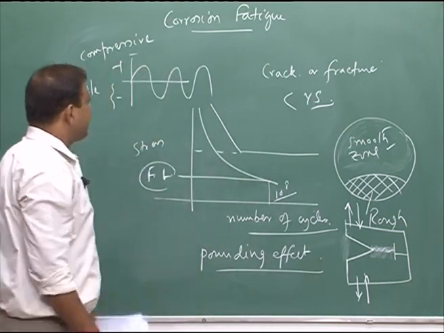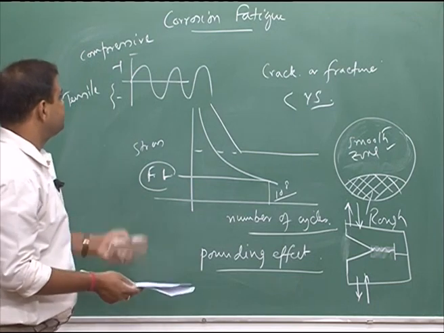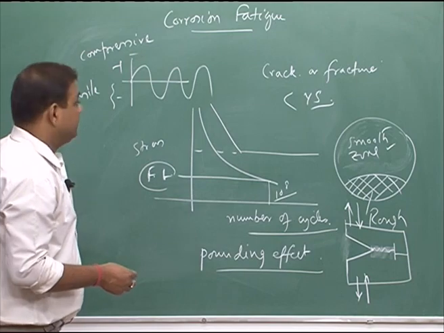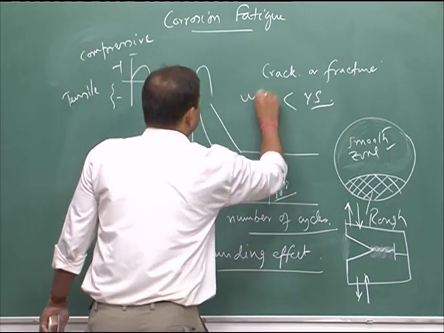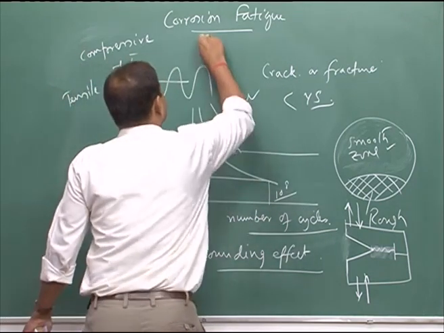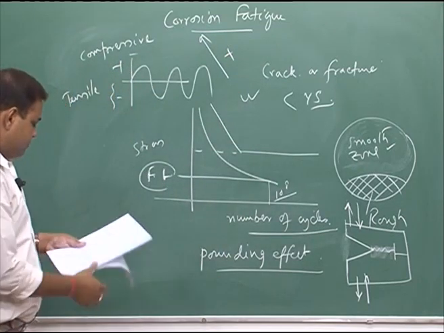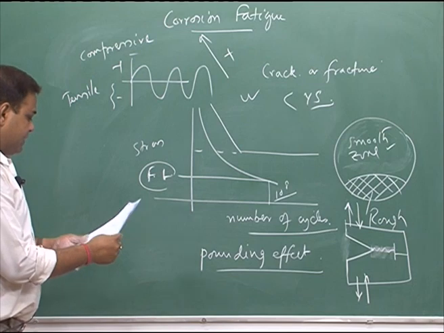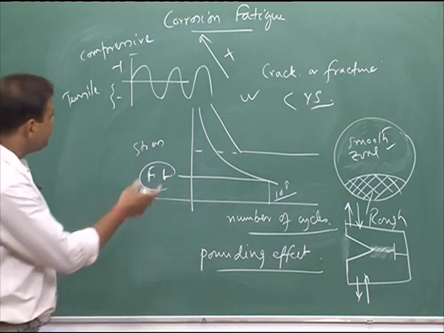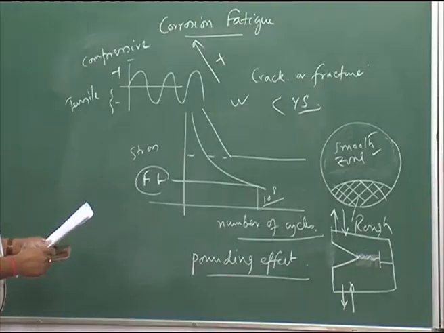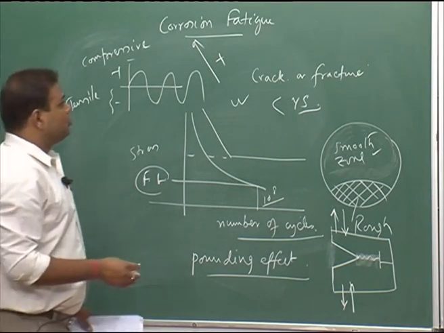Now, when we have corrosion in addition to this alternate stress, the phenomenon is called corrosion fatigue. So, if we add corrosion to this mechanical fatigue failure, then you have corrosion fatigue. The definition is basically this: when you have this corrosion effect, the fatigue resistance of the material would reduce.